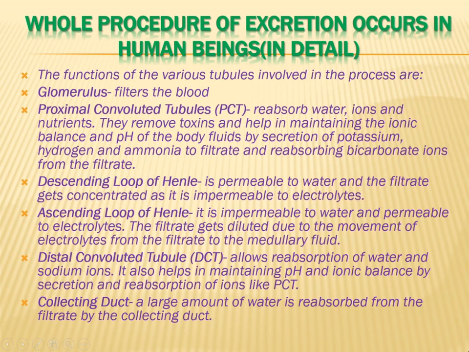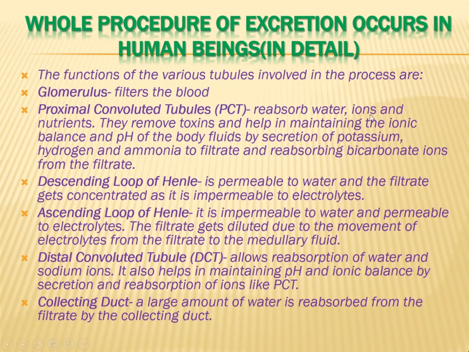Now, till now we have been discussing the basic organs, their structures and their roles. But now we will be discussing how the urine moves from the glomerulus to the various places it moves on to. So this is how it filters the blood.